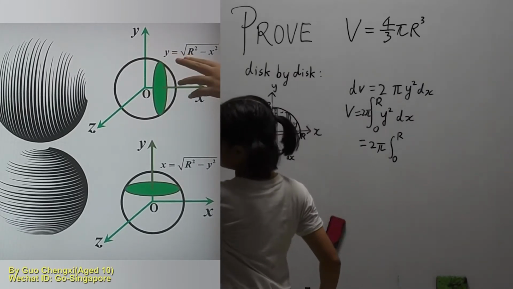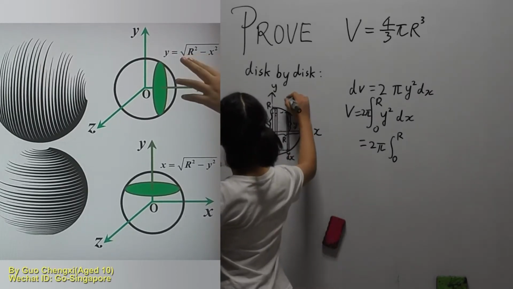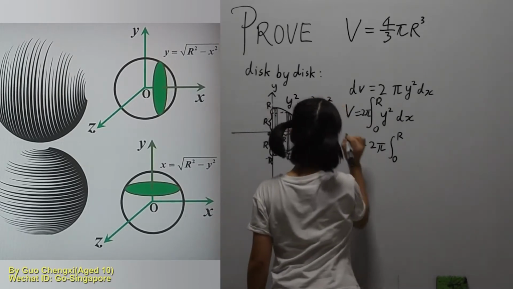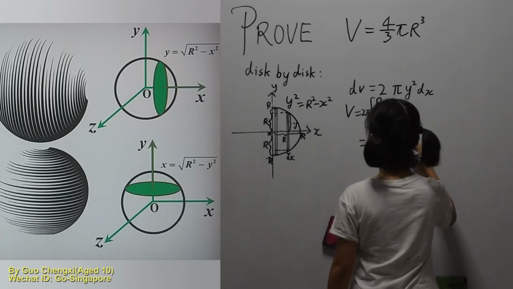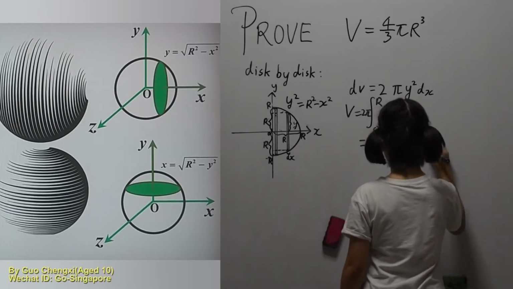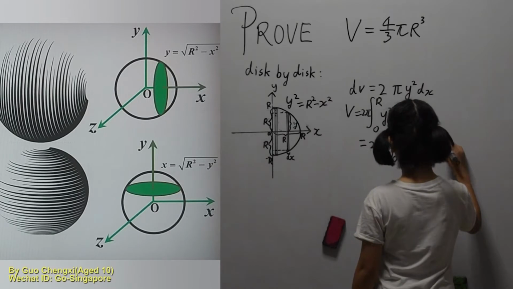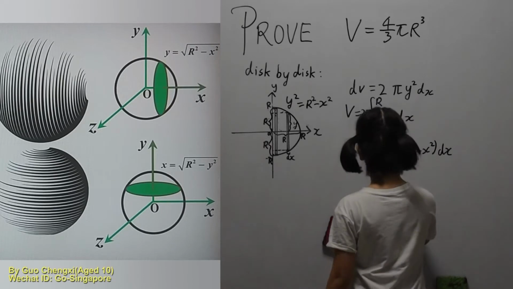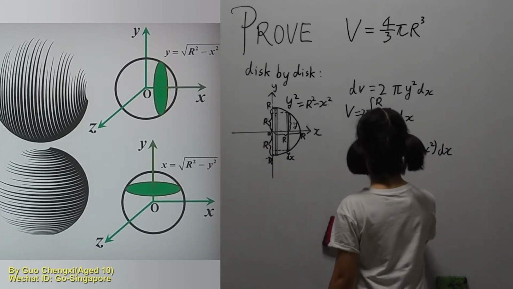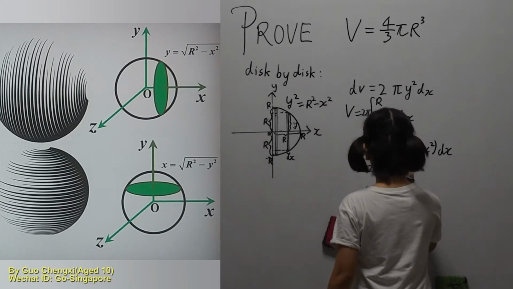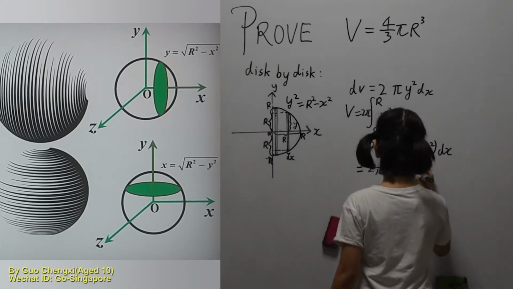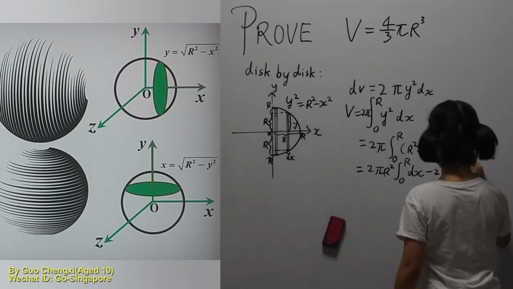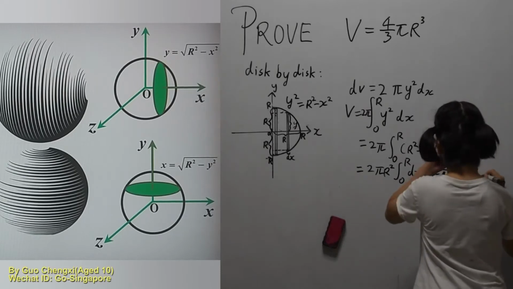So y is equal to this, so y squared is equal to r squared minus x squared. Whereas here will become, and then over here, this becomes 2 pi r squared integral from 0 to r dx minus 2 pi integral from 0 to r x squared dx.